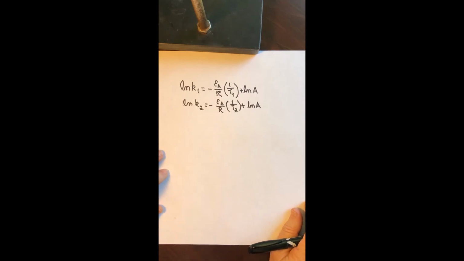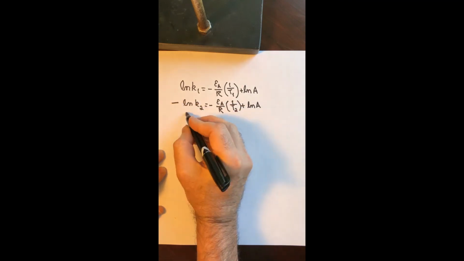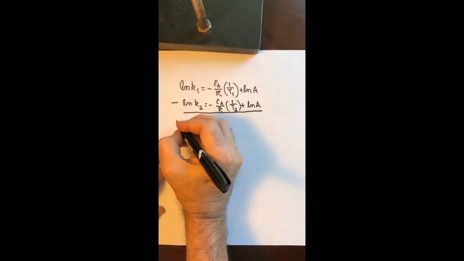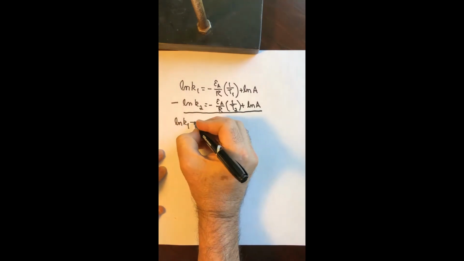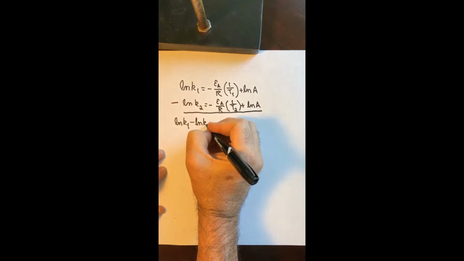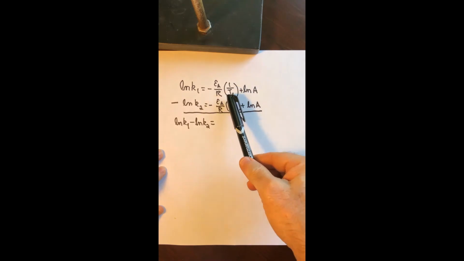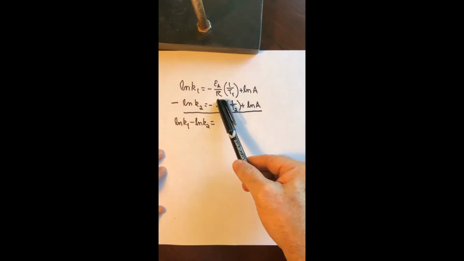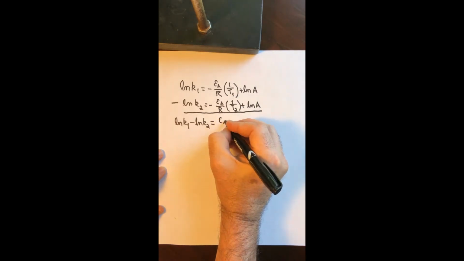So let's do some algebra here. Let's subtract these two equations and see what we get. In its basic form, we have ln k1 minus ln k2 equals, now when we subtract these two items, we can factor out the Ea over R. So I'm going to put those aside.